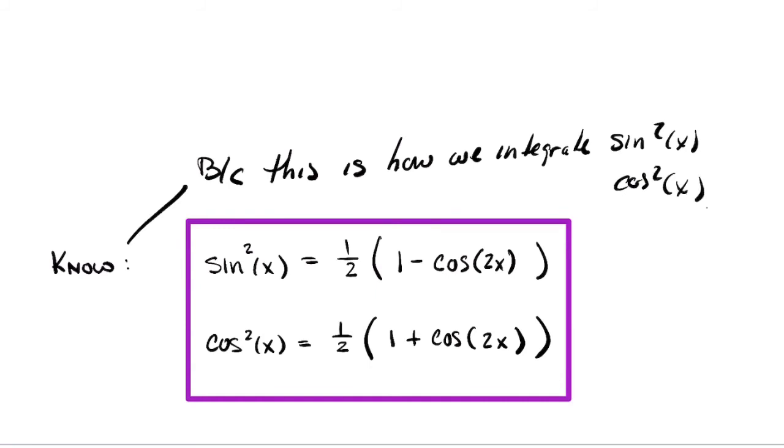You do it with those identities. So have them somewhere where you can refer to them, and then after you use them a few times, you'll just know them. Okay, so let's continue.